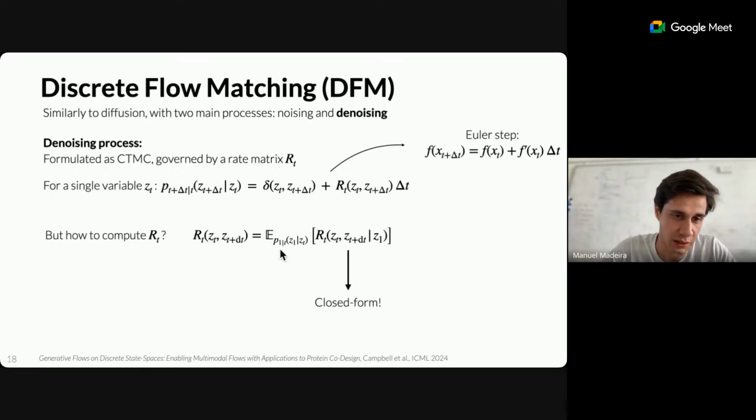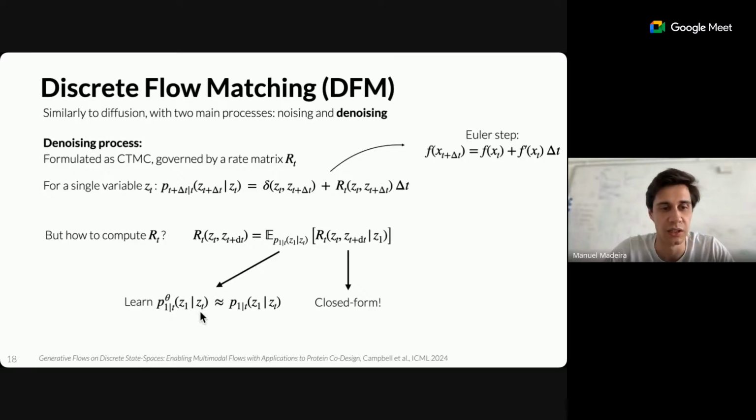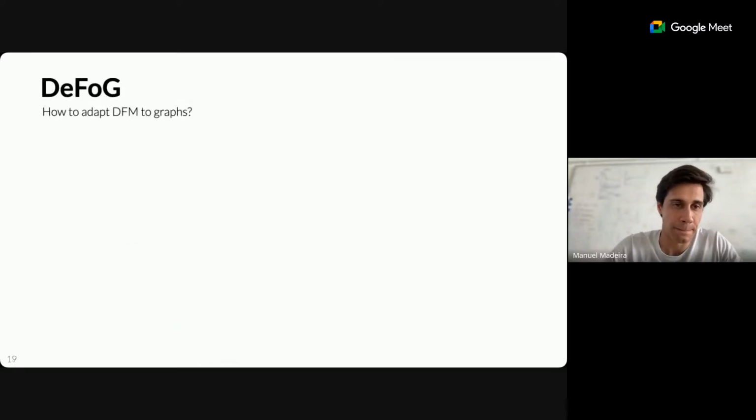And then after, of course, we have to compute this expectation. And we use the fact that this probability distribution corresponds to predicting the clean data given the noisy instance. So as I've introduced before for the diffusion model, this is typically what is done with a neural net, right? So we will try to learn this probability distribution of the clean data given the noisy data using a neural network.